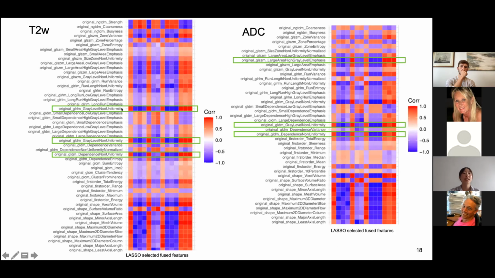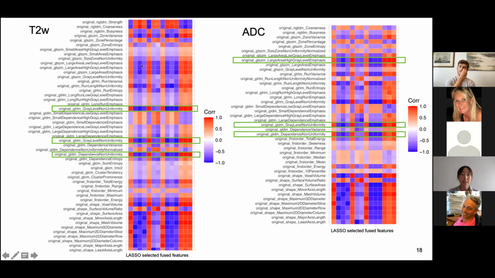In this heat map, the columns represent the fused features, and the rows represent the original radiomic features.